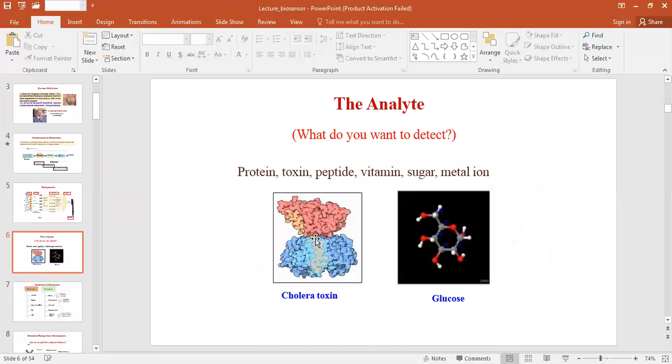Now, what are the analytes? Analyte means what we are trying to detect. Here in case of a biosensor, the analytes or the ligands may be of different kinds.